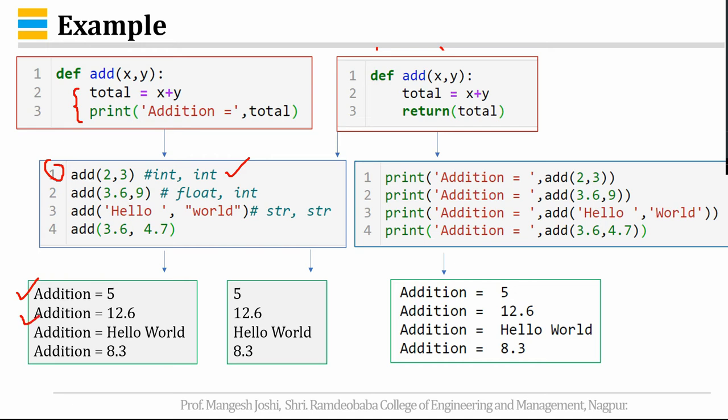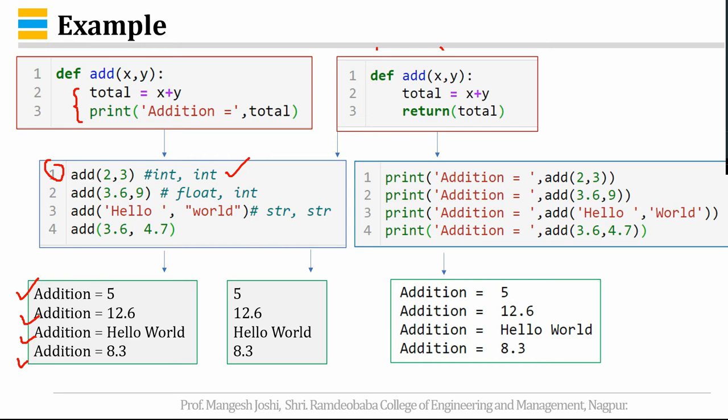In the third case, you are passing both string values, hello in x and world in y, so it concatenates the strings and you get hello world. In the fourth case, you are passing two float values, so you get 8.3, the addition of these two float values.